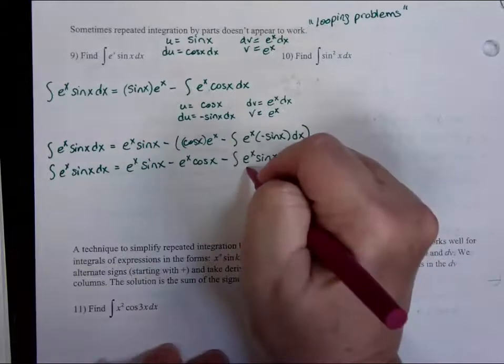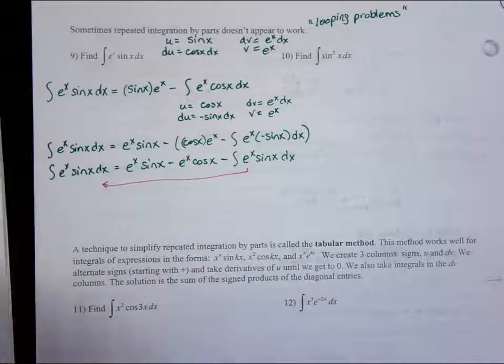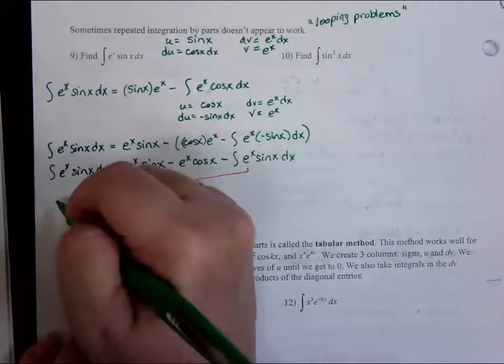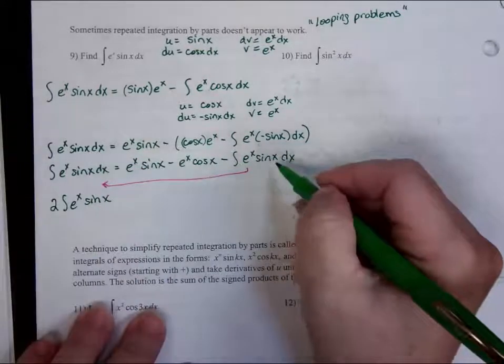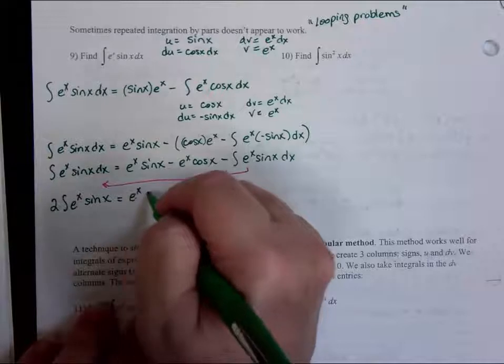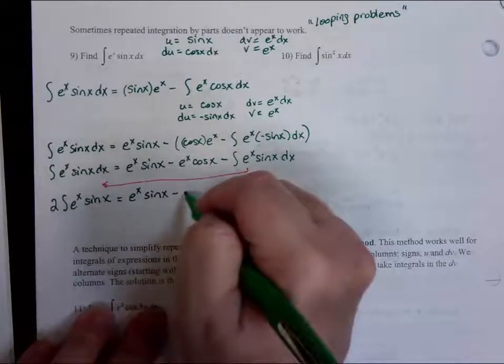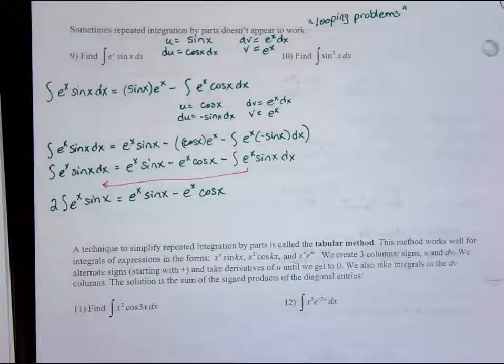If I move this over here and add it to the one that's there, how many integrals am I going to have? I'm going to have two of them. So the left side is now going to say 2 integrals of e to the x sine of x, because this one is negative, and when it moves over, it turns positive, equals e to the x sine of x minus e to the x cosine of x. That's what looping problems do. You end up back where you started, eventually.